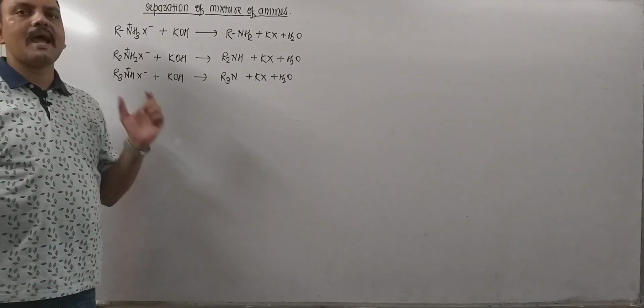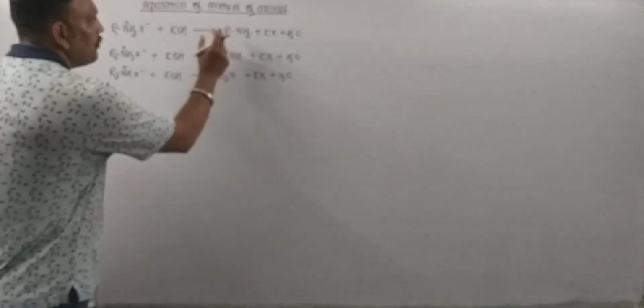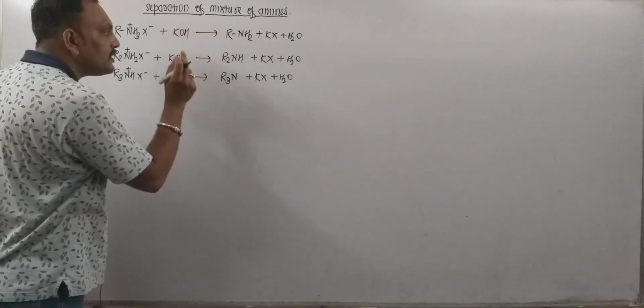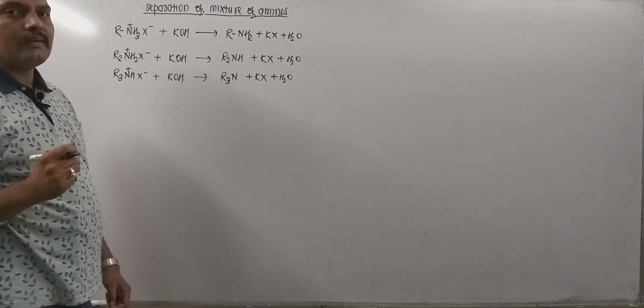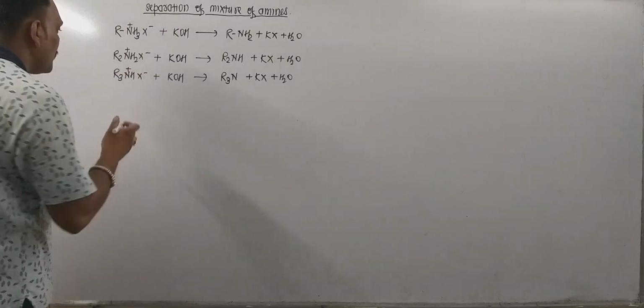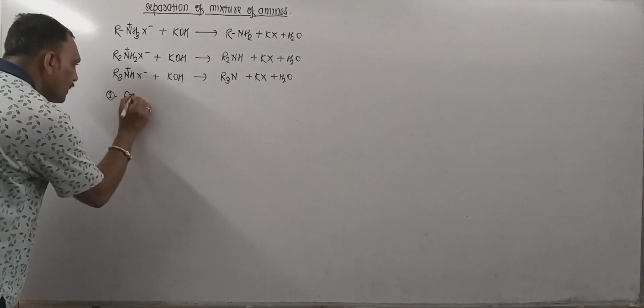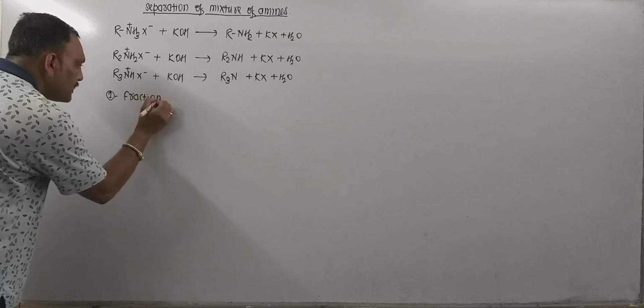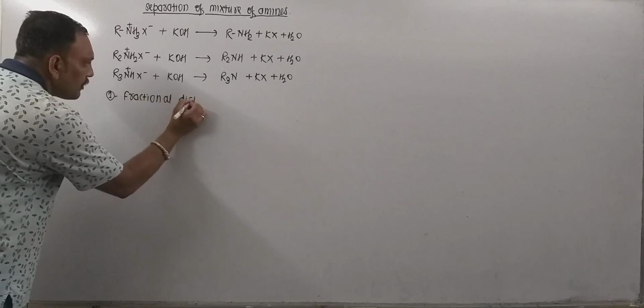Now what do we have? We have a mixture of primary amine, secondary amine and tertiary amine. Now we try to separate these amines. In order to do that, the very first method to be employed is the fractional distillation method.